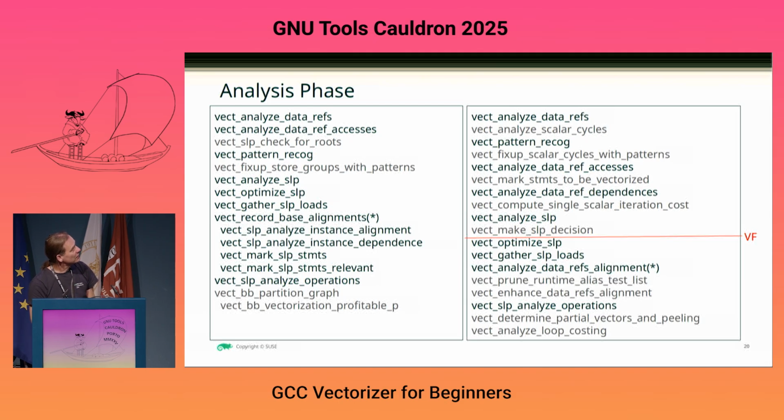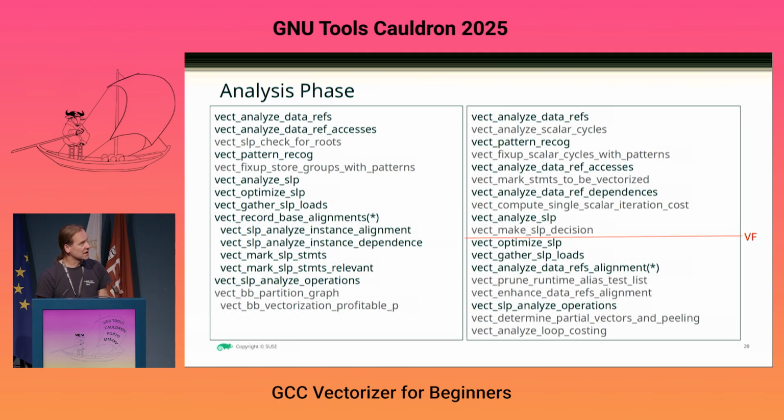So on the loop side, after the data ref analysis, we analyze scalar cycles. We look at, in Gimple, the phi nodes in the loop header and try to detect reductions, inductions, and things like that, and classify them.